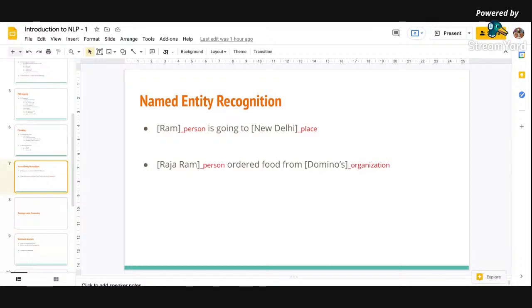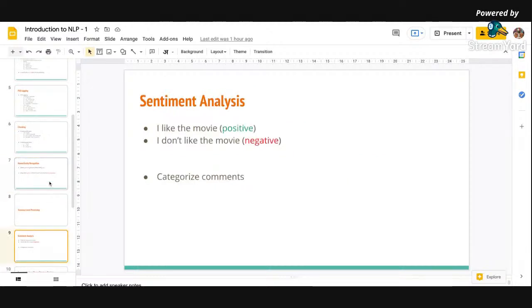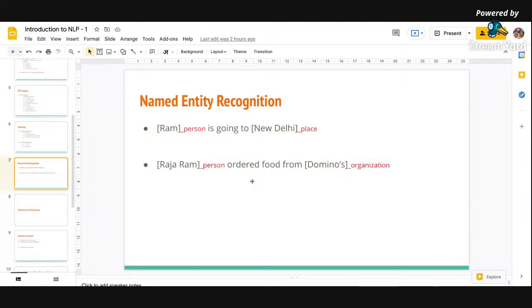Say, for example, we talked about sentiment analysis. We have 10 different articles, and each article is talking about one organization and the corresponding places of that organization.